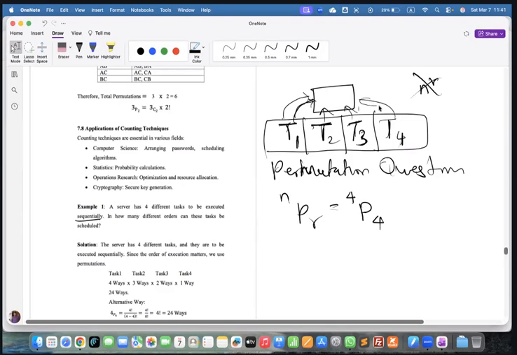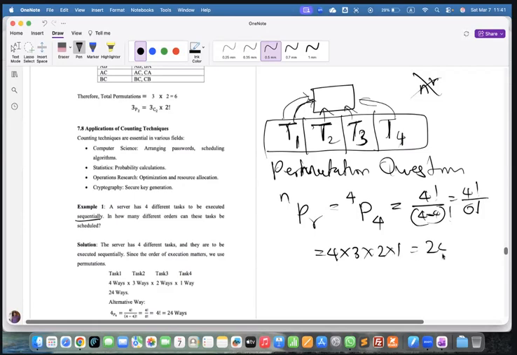So that is the question: what are the different orders in which you can input the tasks to the server? It means we need to consider all 4 tasks one by one. So the question is 4P4. 4 permutation 4 means 4 factorial over (4 minus 4) factorial. So 4 factorial over 0 factorial, which is equal to 1. 4 factorial means 4 into 3 into 2 into 1, so 24 ways.